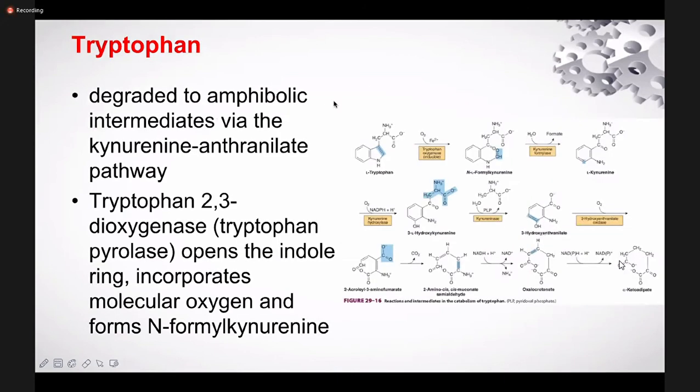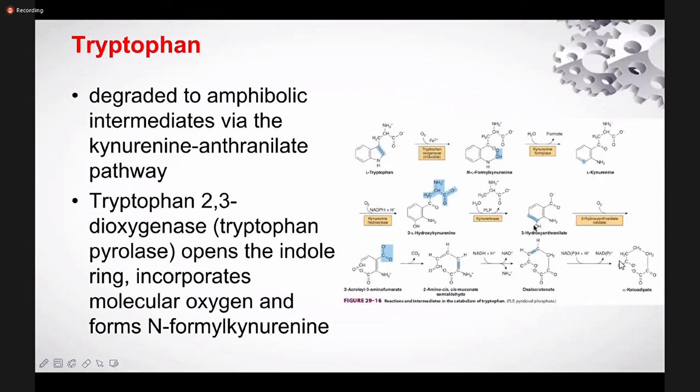So moving on, we have tryptophan, which is another amino acid. The initial reaction is the degradation to amphibolic intermediates via the kynurenine-anthranilate pathway.